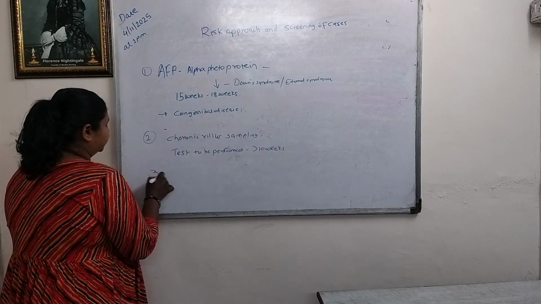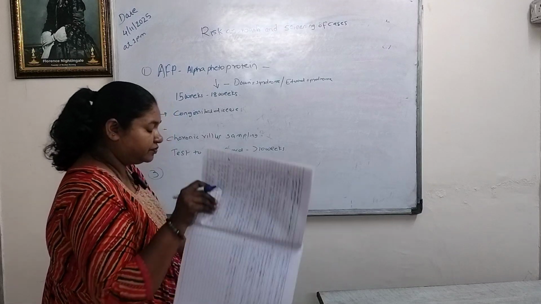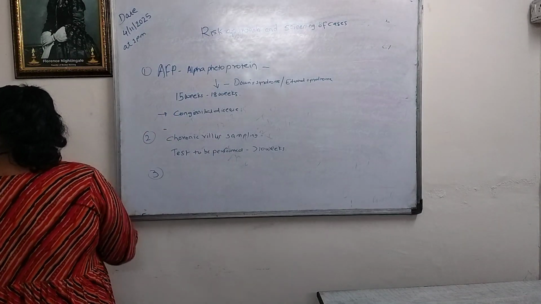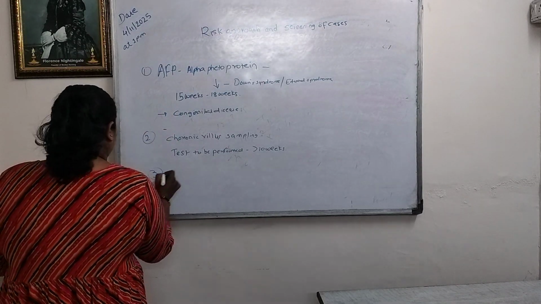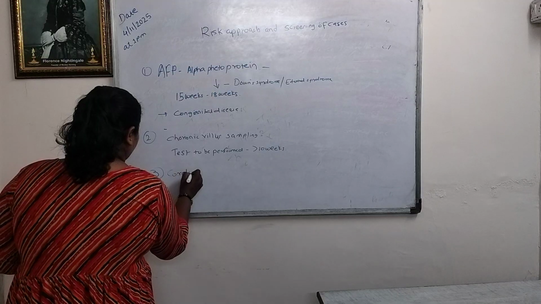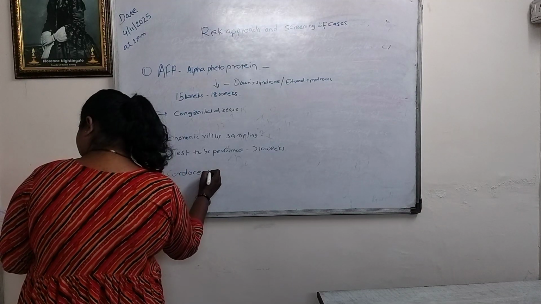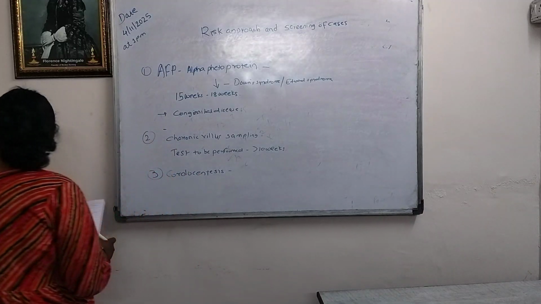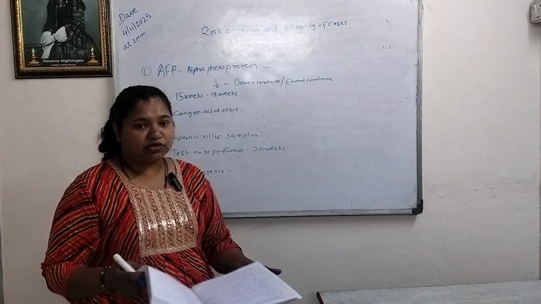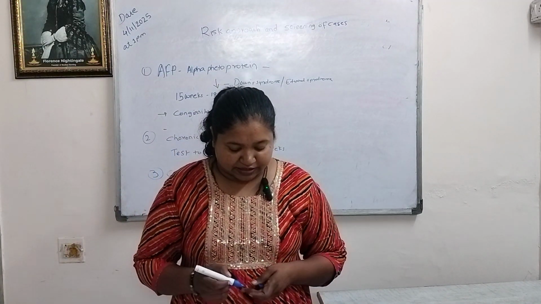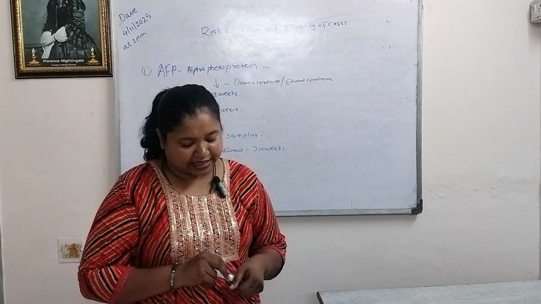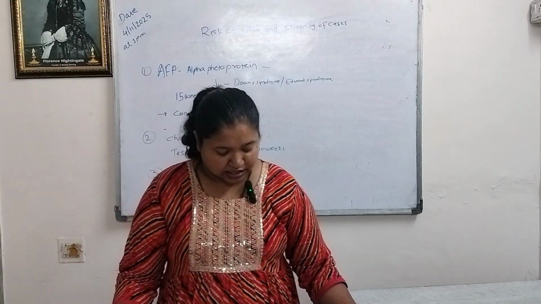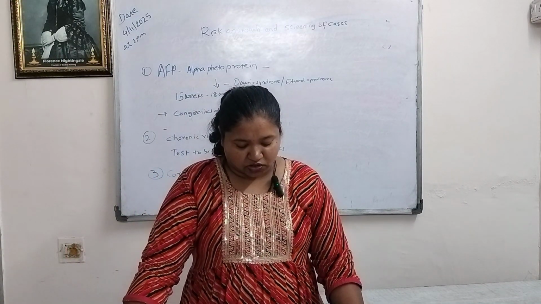The third test is cordocentesis. In this cordocentesis, a fetal sample is taken in pregnancy, which helps to detect any chromosomal abnormalities or any blood affecting disorder.